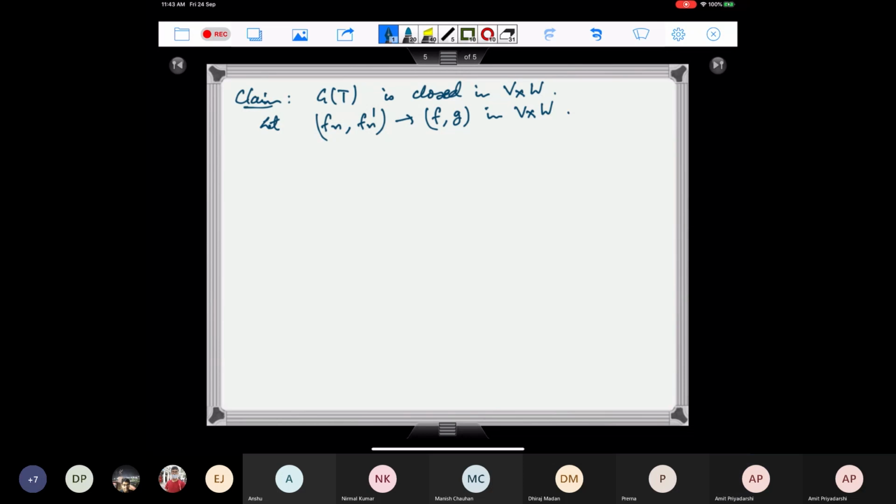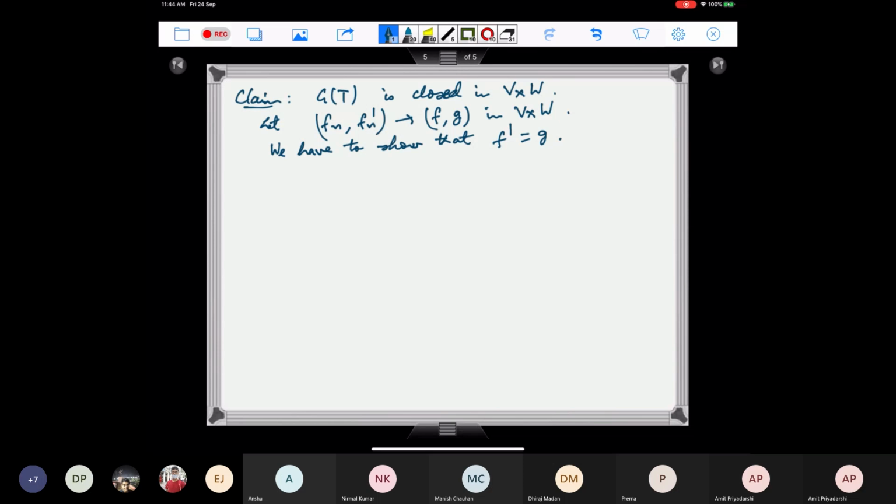So we have to show f prime is equal to g. So why is this? So (f_n, f_n prime) converges to (f, g) means f_n converges to f and f_n prime converges to g.